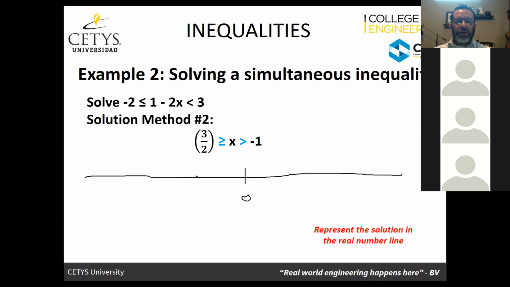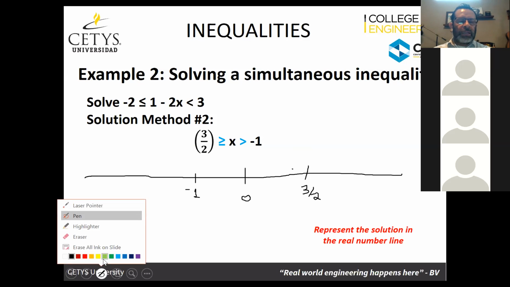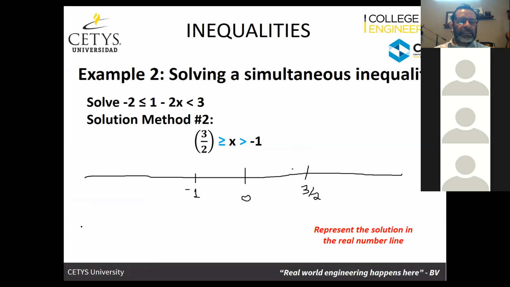So the 0 is here, we've got a -1 here, and we've got 3 halves, let's put it here. And so the inequality is going to be everything that's within this range, which would be basically everything that's between these two.